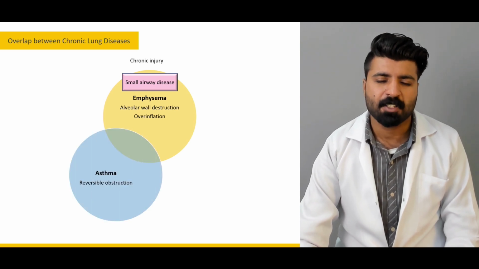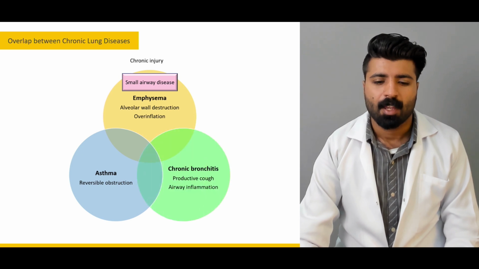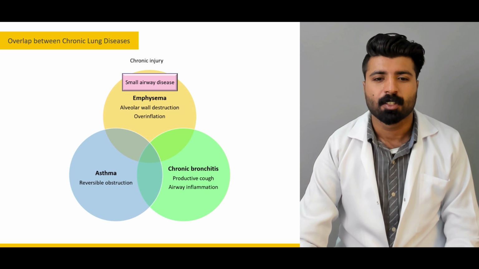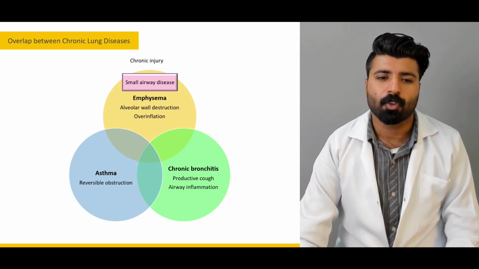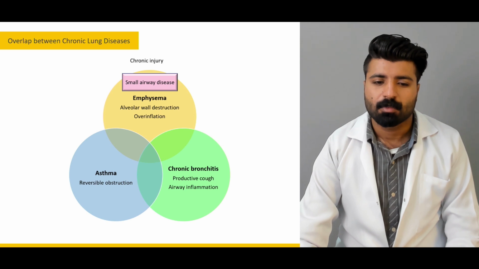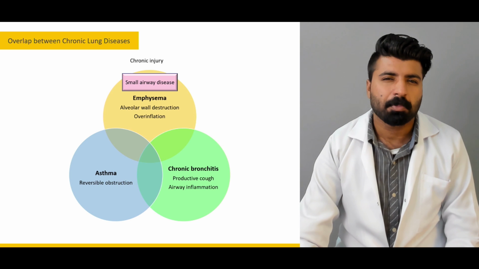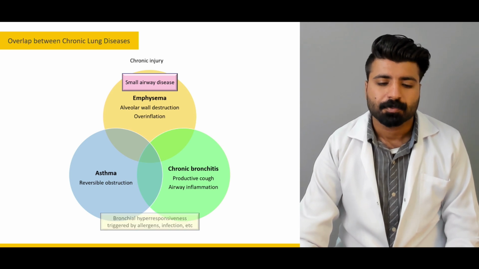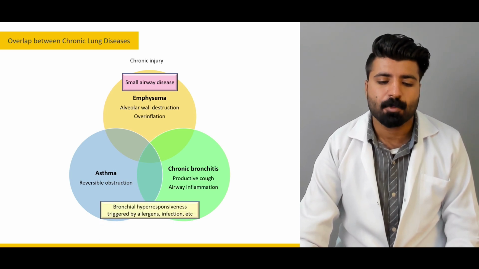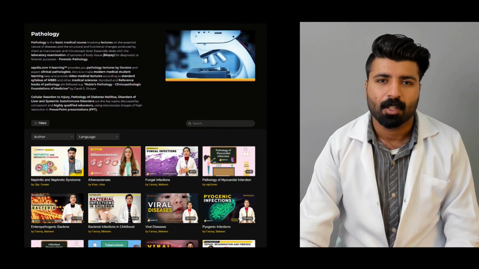In asthma, it was reversible obstruction. And in chronic bronchitis, it was productive cough and airway inflammation. So all of these diseases contribute a little to COPD. All these happenings have been happening amongst pretty much all of them. So bronchial hyperresponsiveness triggered by allergens and infections, etc., is found in them.